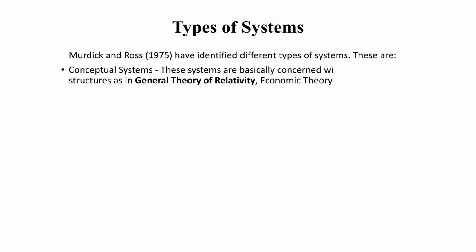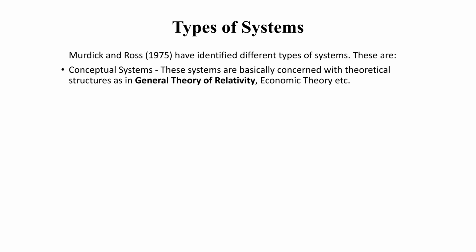The next is types of systems. The types of system may vary. Here, Mardik and Ross in 1975 have identified different types of system. These are conceptual systems. Conceptual systems are basically concerned with theoretical structures, as in the general theory of relativity or economic theory.